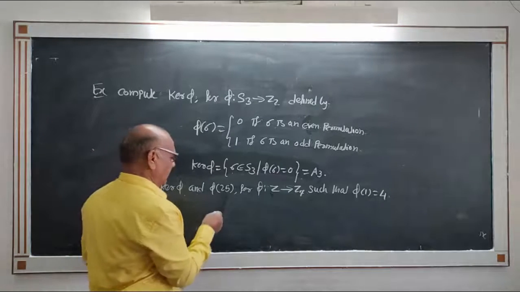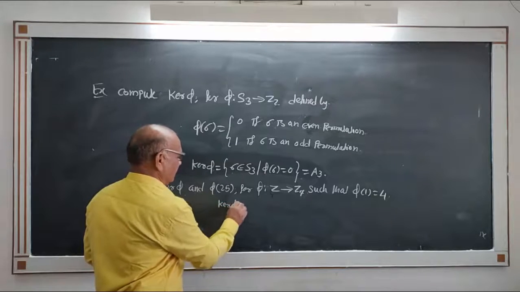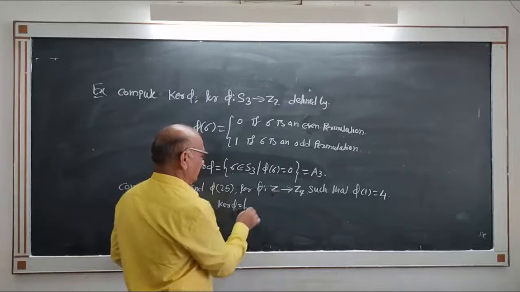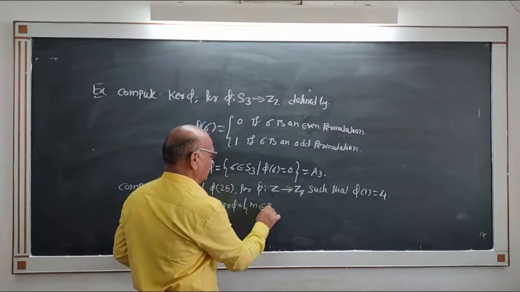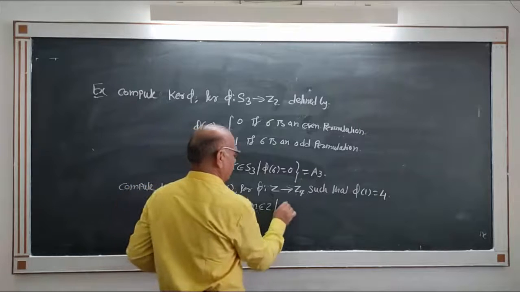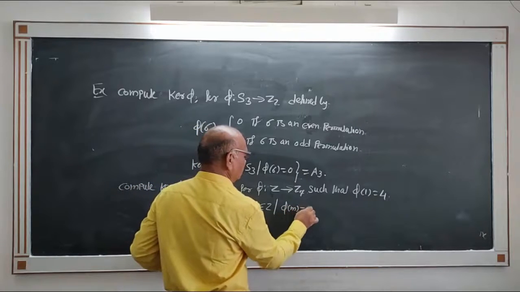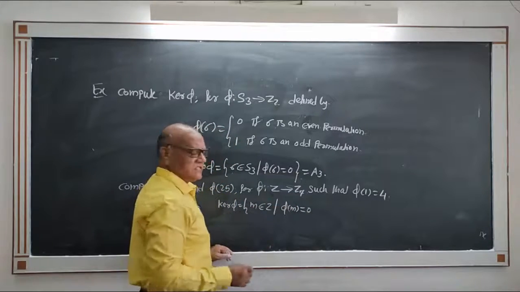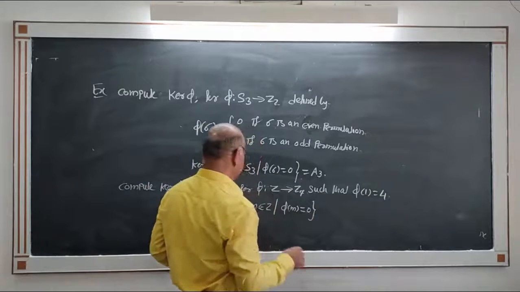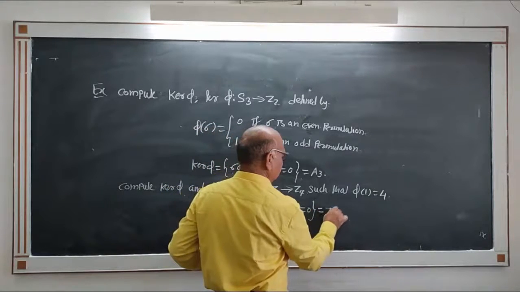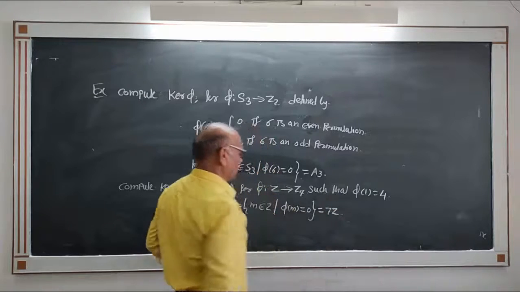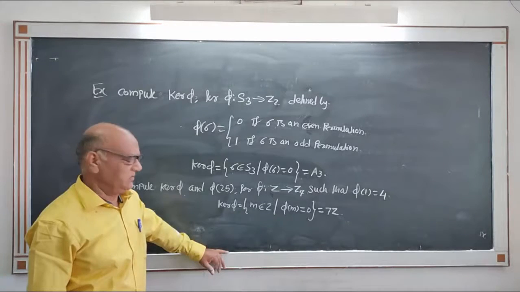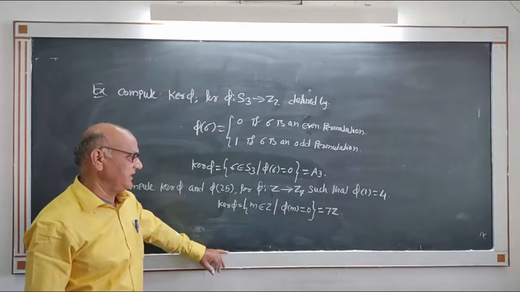Now kernel phi is those elements m belongs to Z such that phi of m is equal to 0. 0 means a multiple of 7, and this gives 7Z. That means phi of 7 is 0, phi of 14 is 0, phi of 21 is 0, like this.